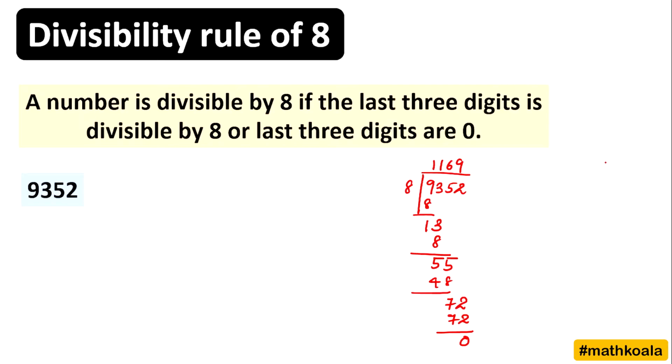So, 9352 is divisible by 8 without a remainder.